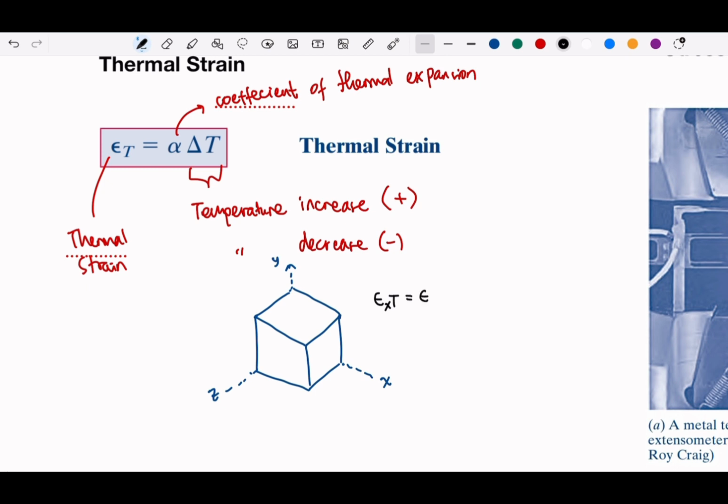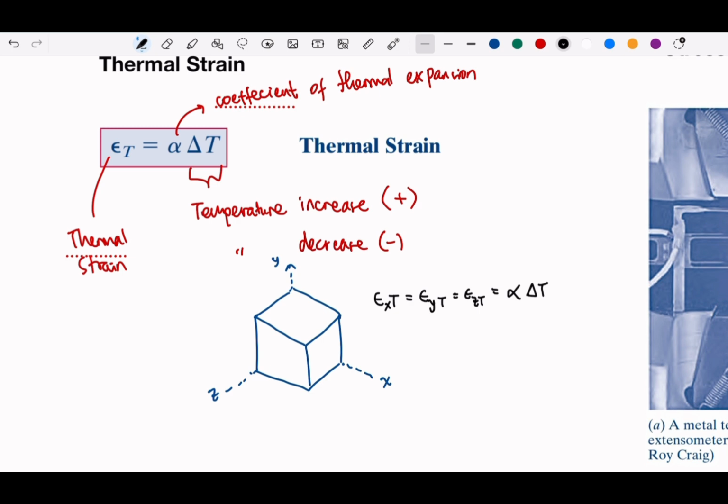So the strain on X, Y, and Z will be equal, equal to alpha delta T. They will be free to expand in all directions. And depending on how it can expand through some length, we can just multiply by the length, or we could say the delta L for each direction.